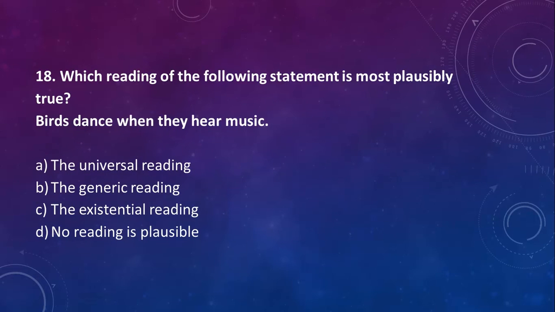On which reading of the following statement is most plausibly true? Birds dance when they hear music. Because there must be some bird that dances when it hears music. So it's plausible that there is at least one bird that dances when it hears music.